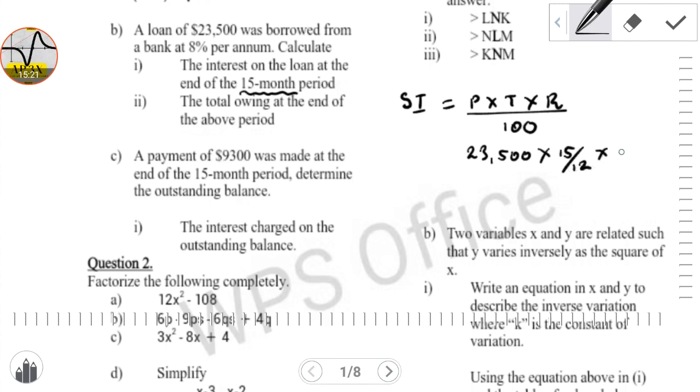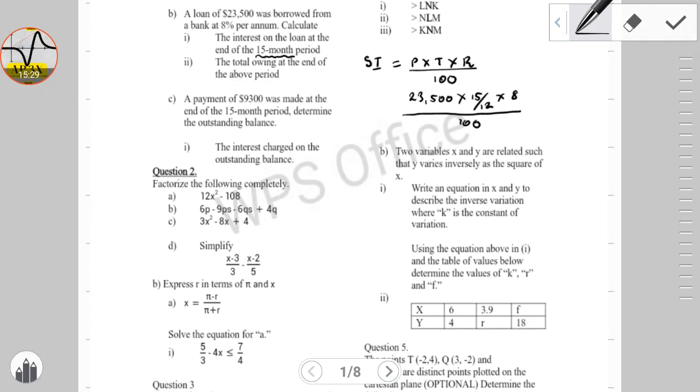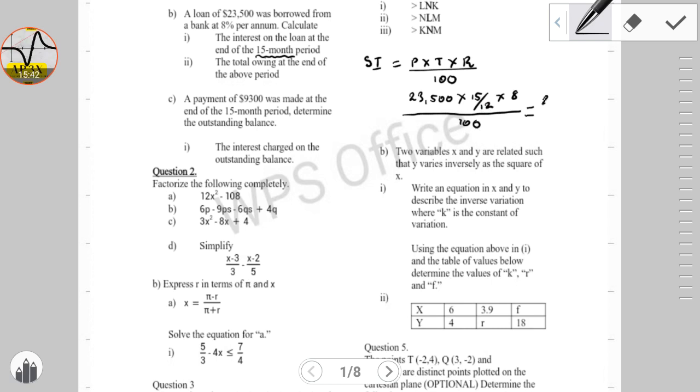And then the rate is of course 8, and everything is divided by 100. A few students got it right, but also a few students got it wrong. So here we have 23,000 multiplied by, if you could drag down the 12, so you divide by 1200. Or what I find that a lot of students did is that they wrote 1.25.